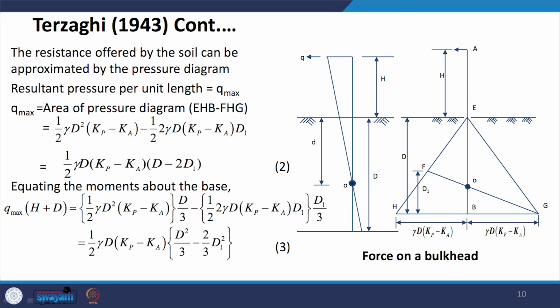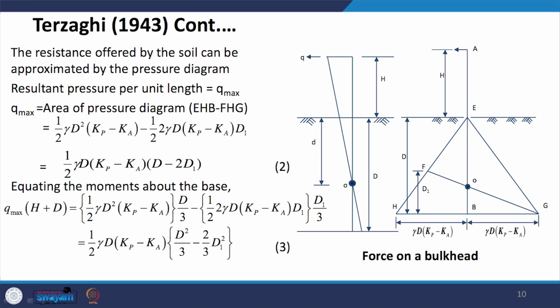However, you have the total height h plus d. H is the point of action of the forces, which we already discussed when we talked about forces. This point O shown here is the point of rotation about which the bulkhead tries to rotate.